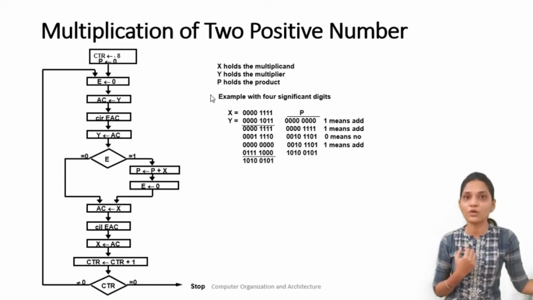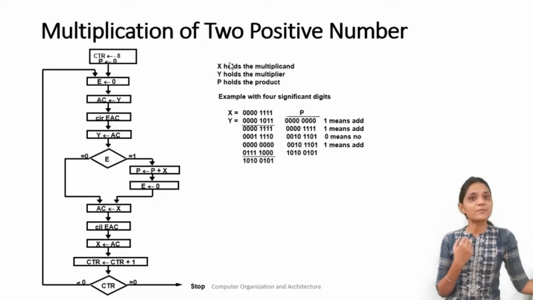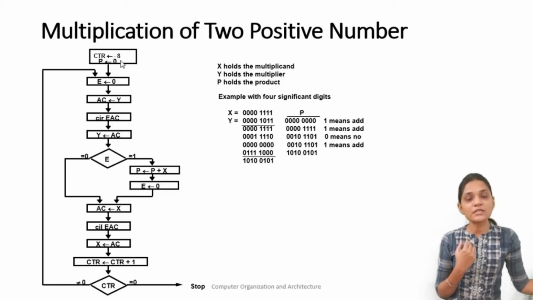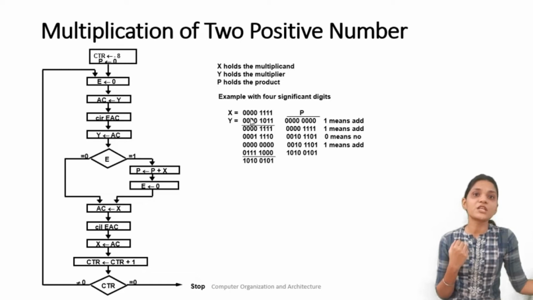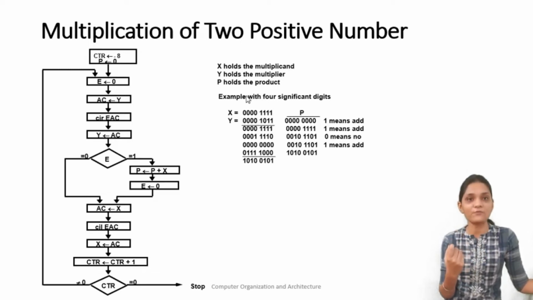We have represented these by X for storing the multiplicand, Y for the multiplier, and P for the partial product. We have to check this bit, this bit. For this, we will shift this number to the left side, so that the bit that you require to check is available in the carry flag.